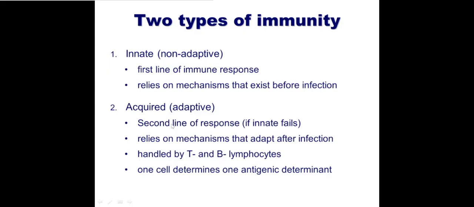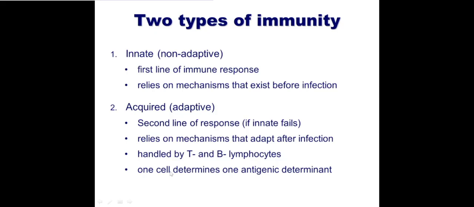This relies on mechanisms that adapt after infection. Acquired immunity is handled by T and B lymphocytes, and B lymphocytes produce antibodies, so that they act against foreign particles and pathogens to kill them or remove them from the body.